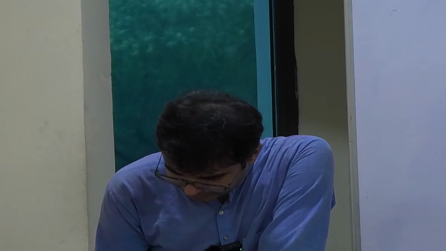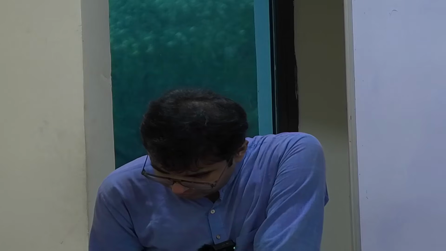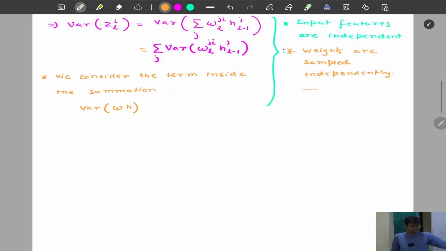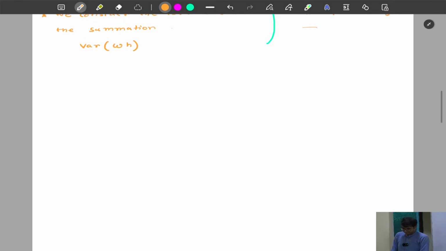So what do I have? I have variance of W times H, right? The indices that you see above have been removed just because I'm going to simplify it. When I substitute it, I'll bring them back. Now, what is the variance of a random variable? How to calculate it?